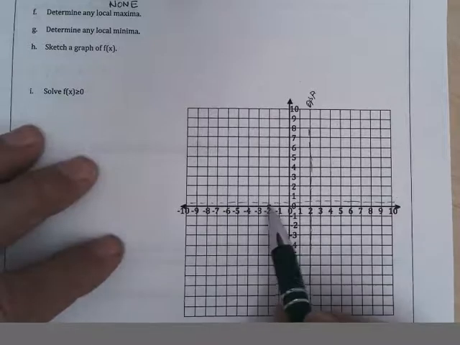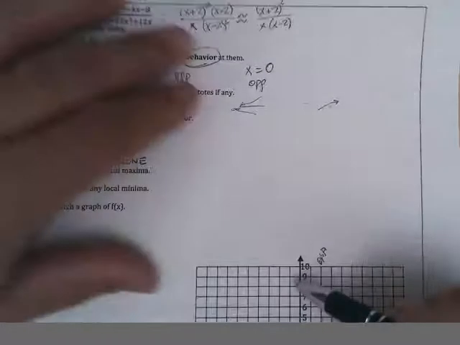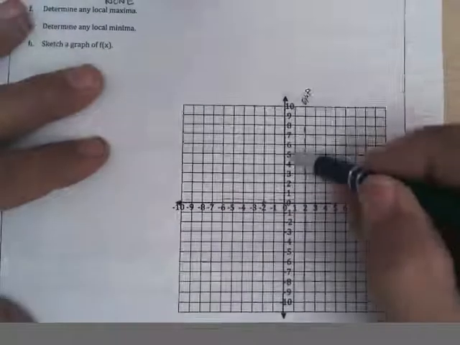So let's see. To be able to do this, it can't hit the y-axis because, oh, that's right. There's a vertical asymptote at 0. Forgot about that one.